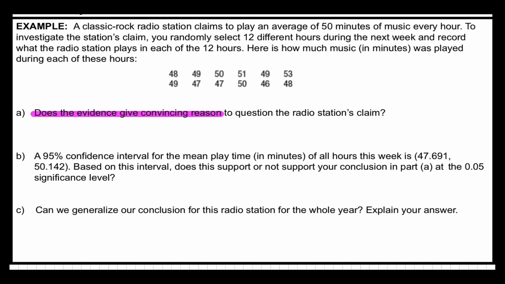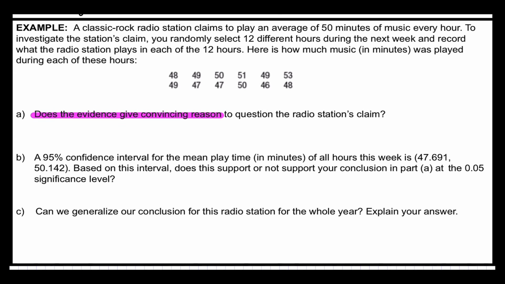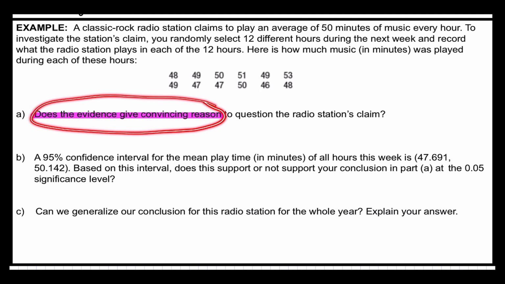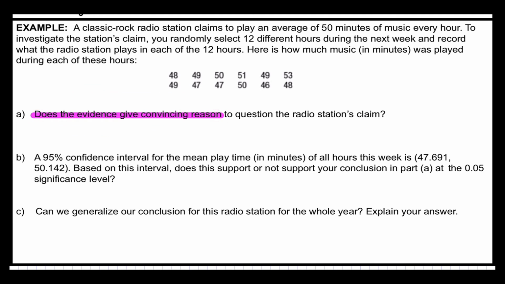For example, the first hour you pick, they played 48 minutes of music, then 49 minutes of music, and so on. Here is the music in minutes that was played each of those hours. Does this give convincing evidence to question the radio station's claim? That's your key right there to say it's a test.